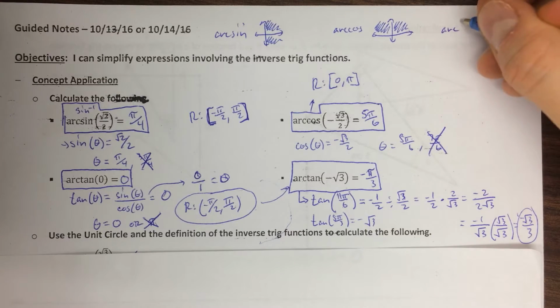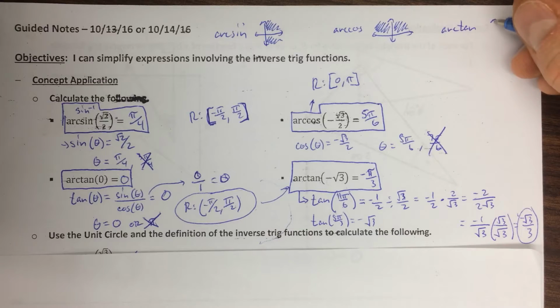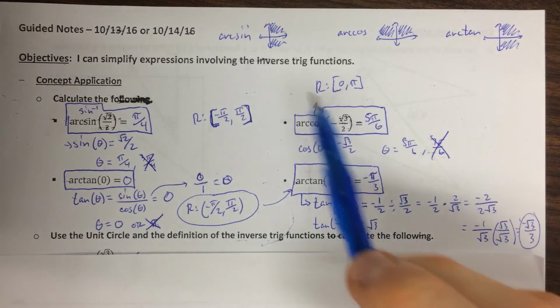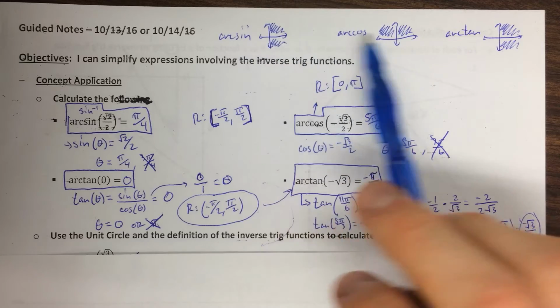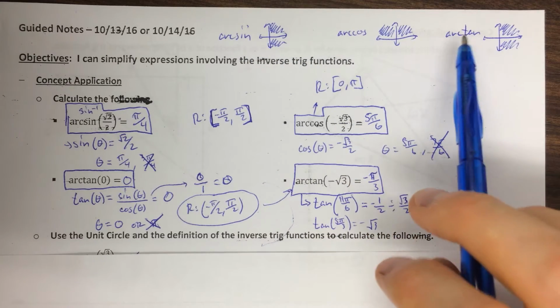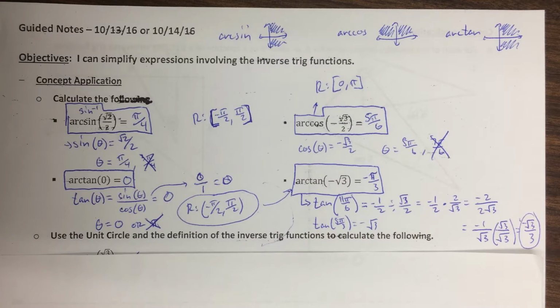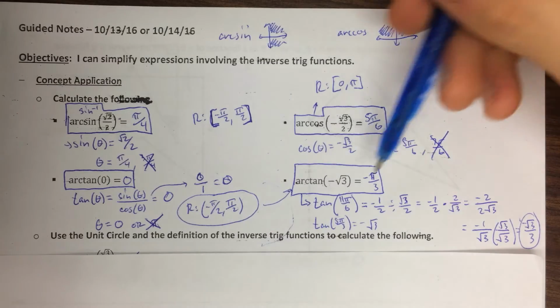And this is all based off of what we did last class. If this isn't fresh, I would highly recommend going and reviewing the previous notes. But these are where the inverse trig functions are defined.